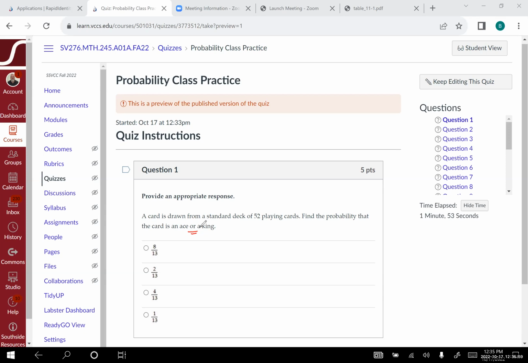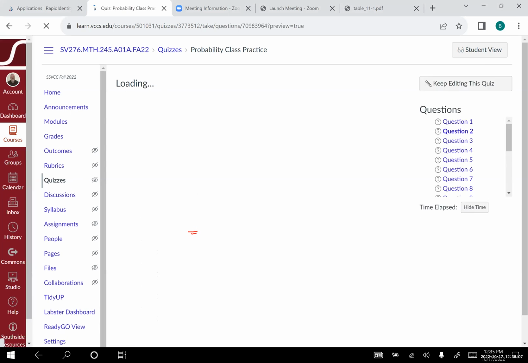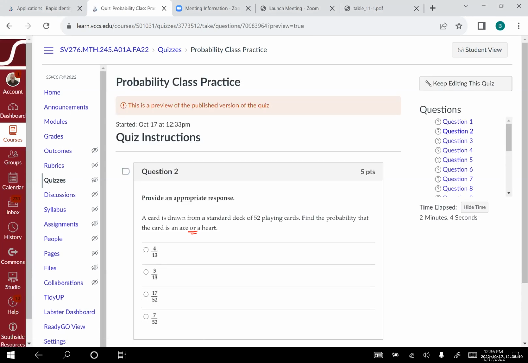All right, so we already did that one. Let us check number 2 here. Find the probability of a heart or a black card. We don't need to do that one.